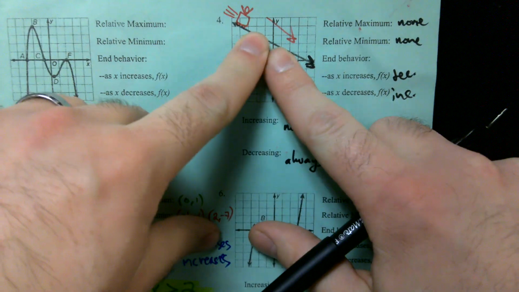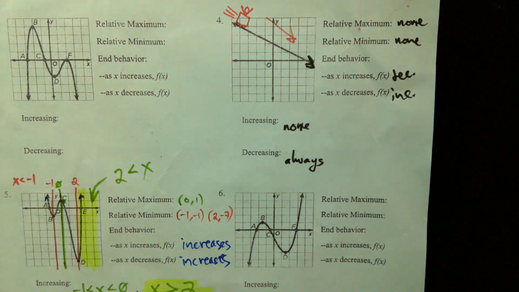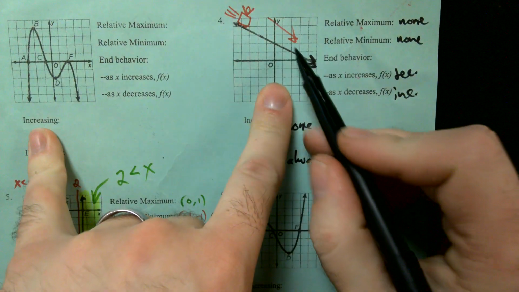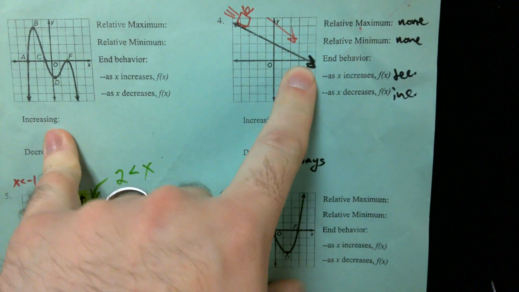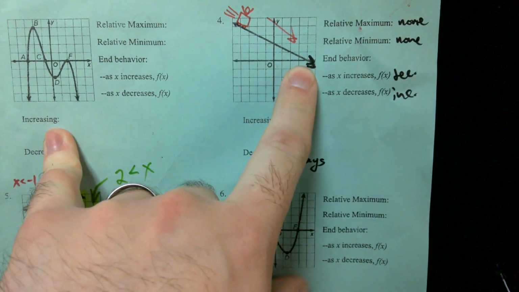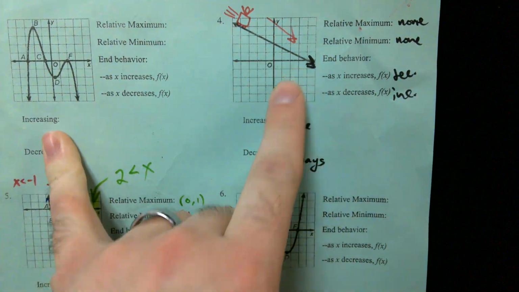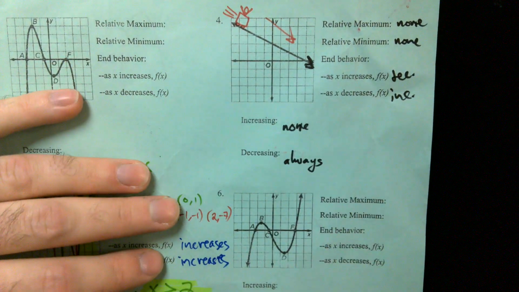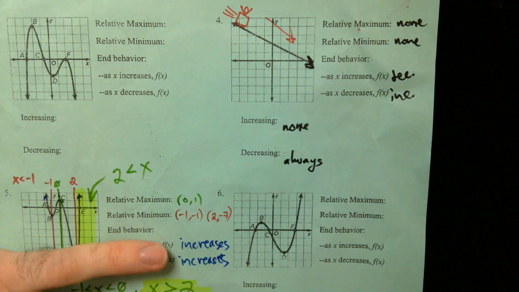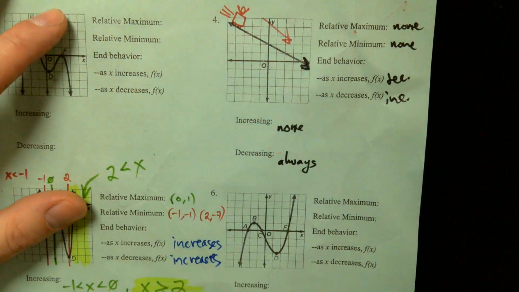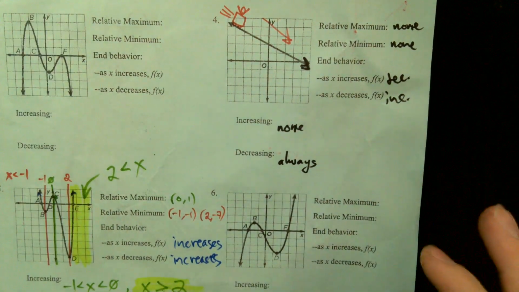So, mathematically speaking, if I'm always decreasing, what's the biggest x value that's ever going to be a part of this function? Infinity. It's kind of a trick question because it's not actually going to be a part of it. But if I keep extending this to the right forever and ever and ever, what am I eventually going to hit?